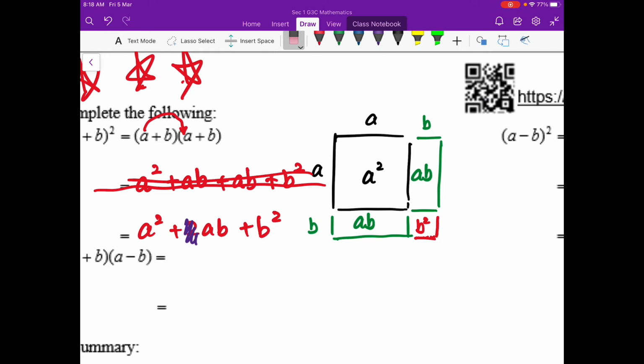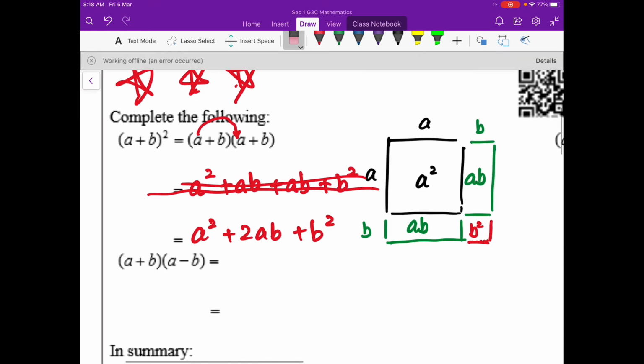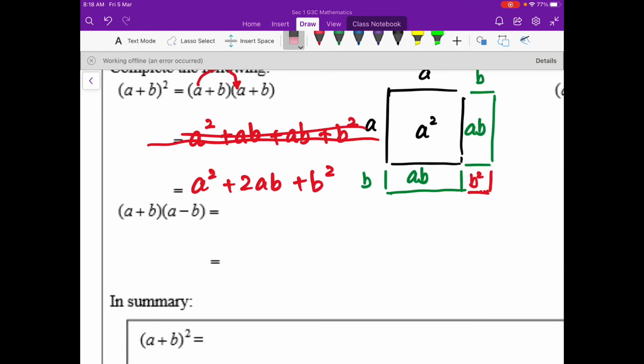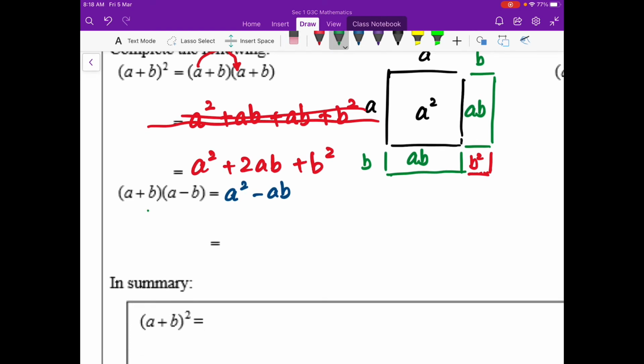Don't make that mistake. Then in the same way, our A plus B times A minus B, we can also expand. Let's see what we get. A times A, we have A squared. A times negative B, minus AB. Next, let's have B times A. So positive AB.